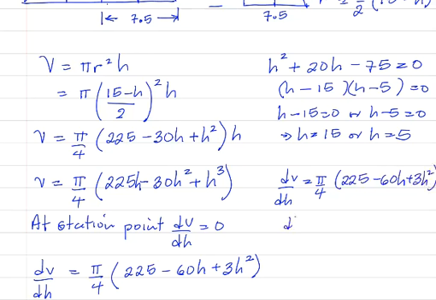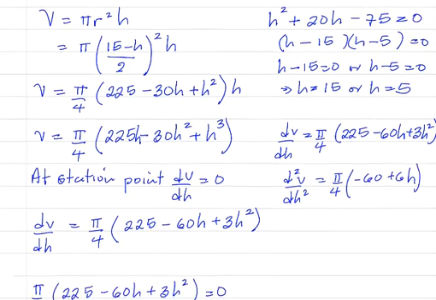Now d2V by dh squared would be equal to pi over 4 times minus 60 plus 6h.